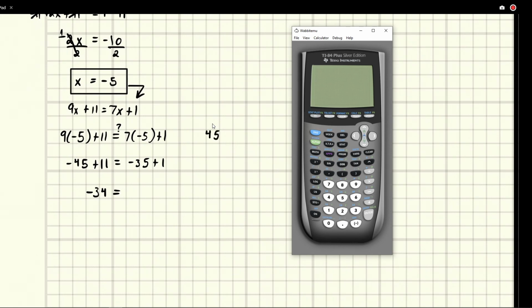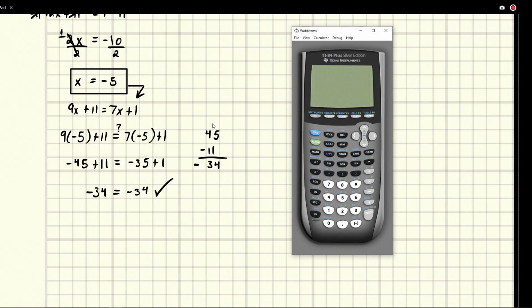What I do is I just do 45 minus 11, and we know that the 45 was bigger, so the answer will be negative at the end. 5 minus 1 is 4, 4 minus 1 is 3, hence negative 34. And then on this side, negative 35 plus 1 is negative 34.